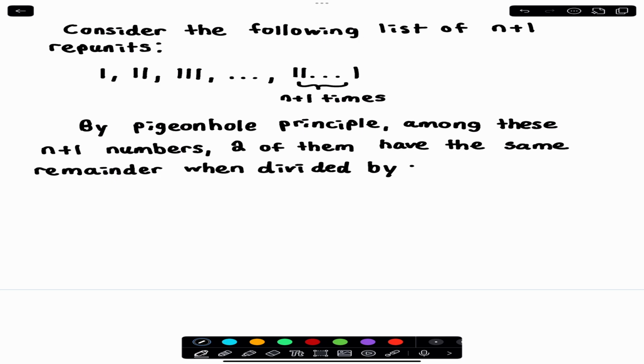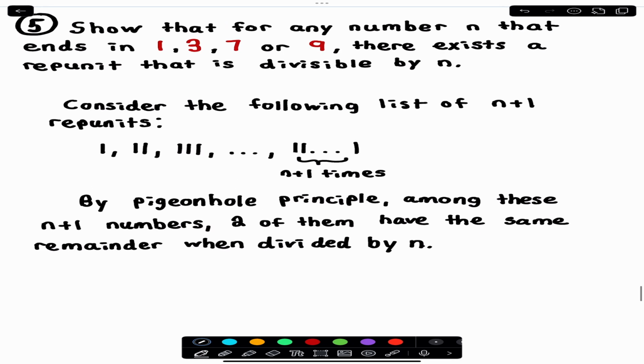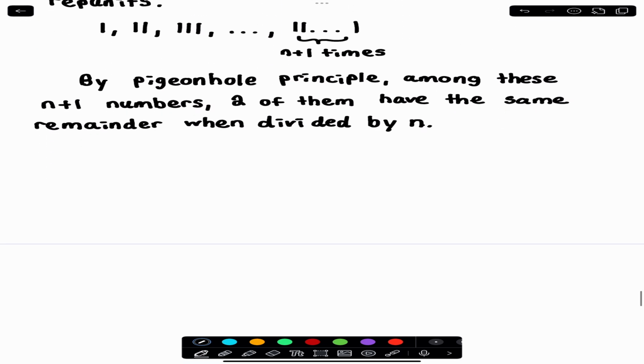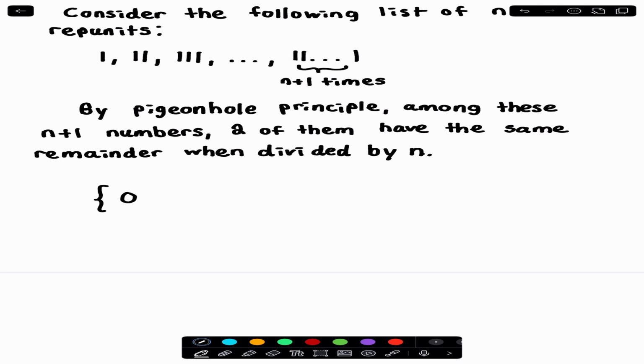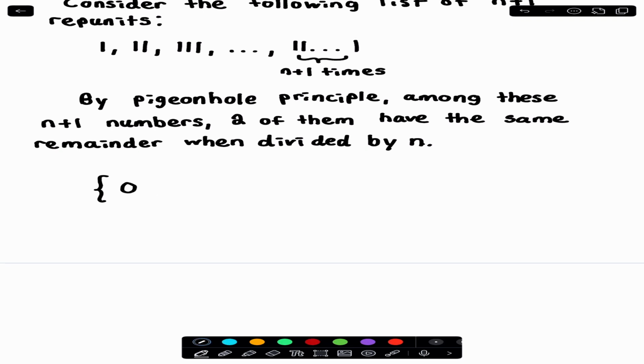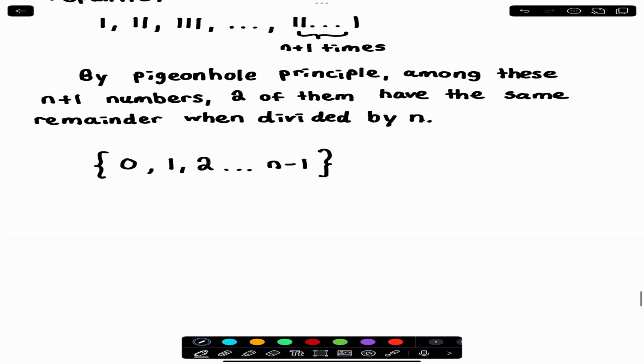So if you're struggling to see this, let's list out, when you divide by n, the possible remainders are 0, which happens when you are a multiple of n. That's how you get a remainder of 0 when divided by n. You could leave a remainder of 1, 2, all the way up to n minus 1. These are the possible remainders upon division by n.